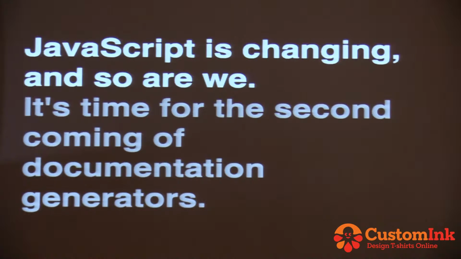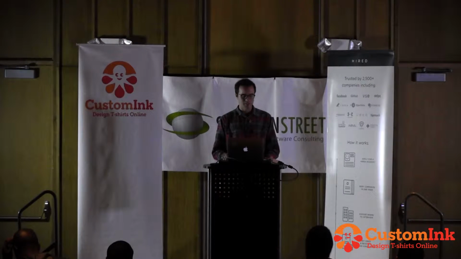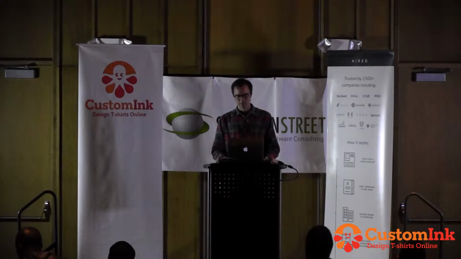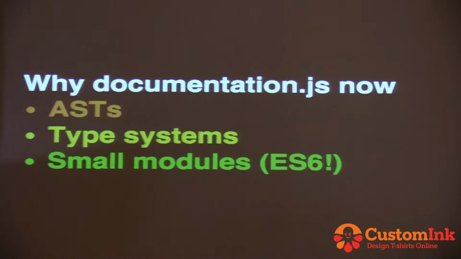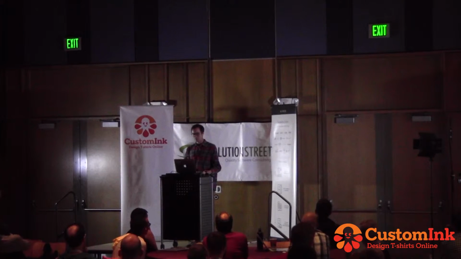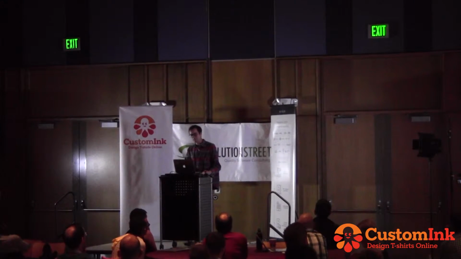But I think JavaScript has changed a lot in the last 2 years. I've been working on JavaScript projects for quite a while, and this is probably the most interesting period because I think it's matured and we're entering a new level of systems. Basically this talk is going to be a little bit less about documentation.js and more about the really cool things inside of it that I've been excited about.